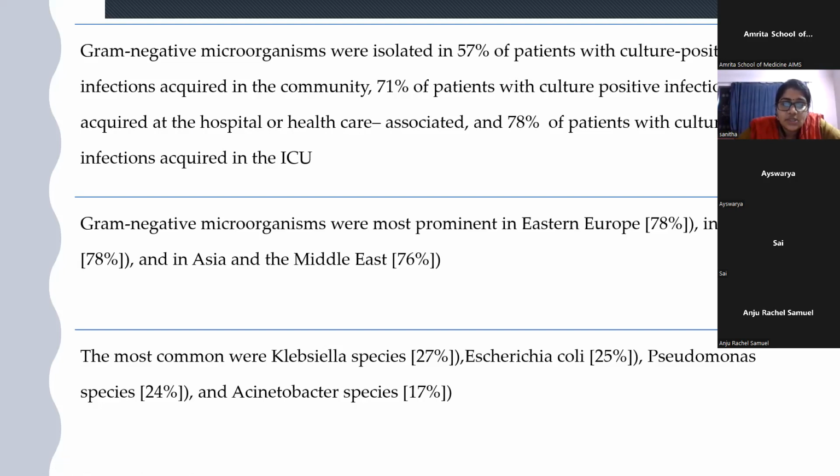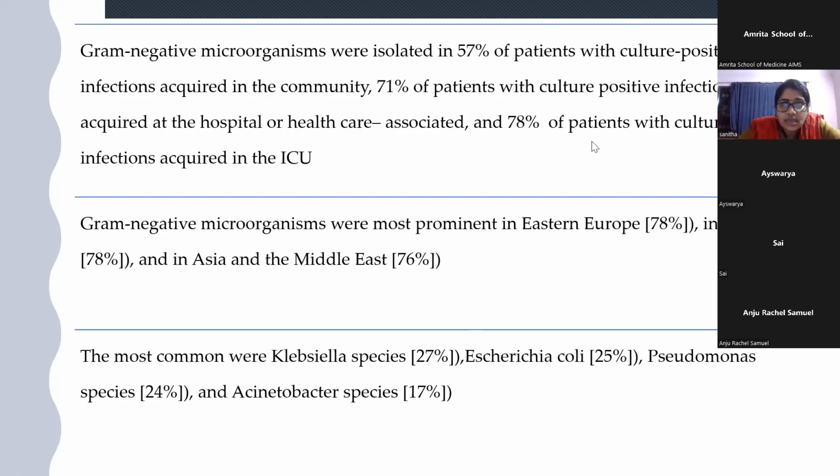And if you see the geographical distribution also, in almost all parts of the world, gram-negative infections dominate over gram-positive infections. The common organisms were Klebsiella, E. coli, Pseudomonas, and Acinetobacter species.